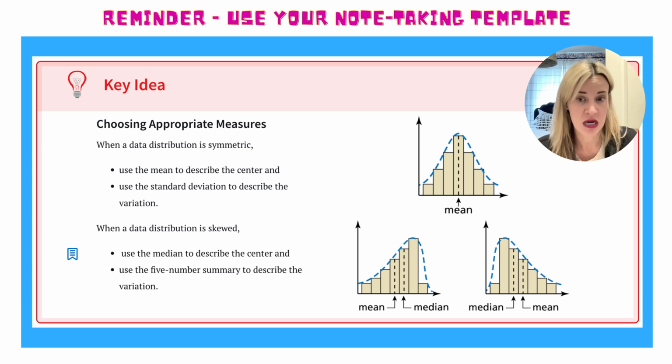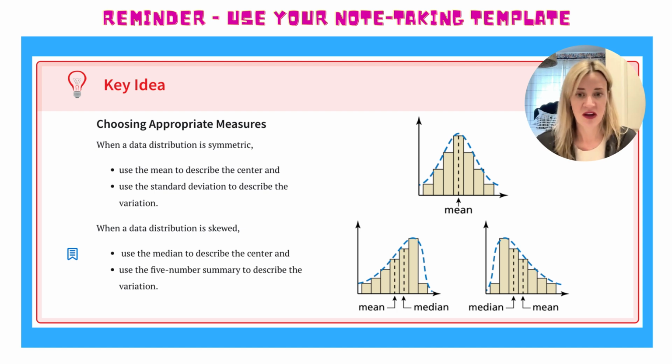You could use the standard deviation to describe the variation because since it's symmetric, the mean or average would determine the center. But when the data is skewed, you're going to want to use the median to describe the center because notice here the mean is off from the median. So the median, or the middle, is going to be a better description of that center.